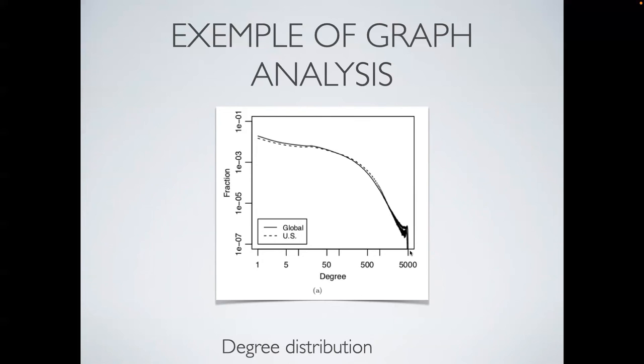At that time you had only reciprocal connections, so there was no famous account that you could follow without being followed back. So there was this limit of 5,000, and this prevents the power law phenomenon I was explaining before.